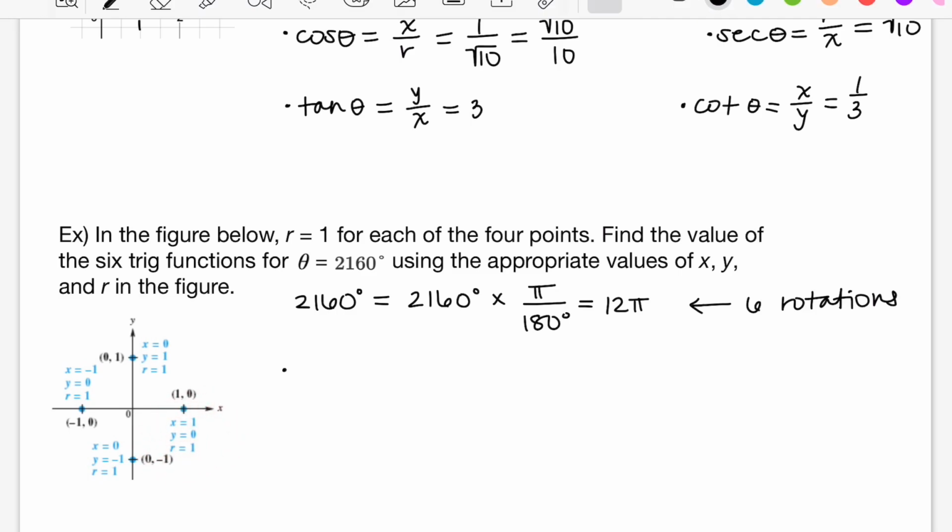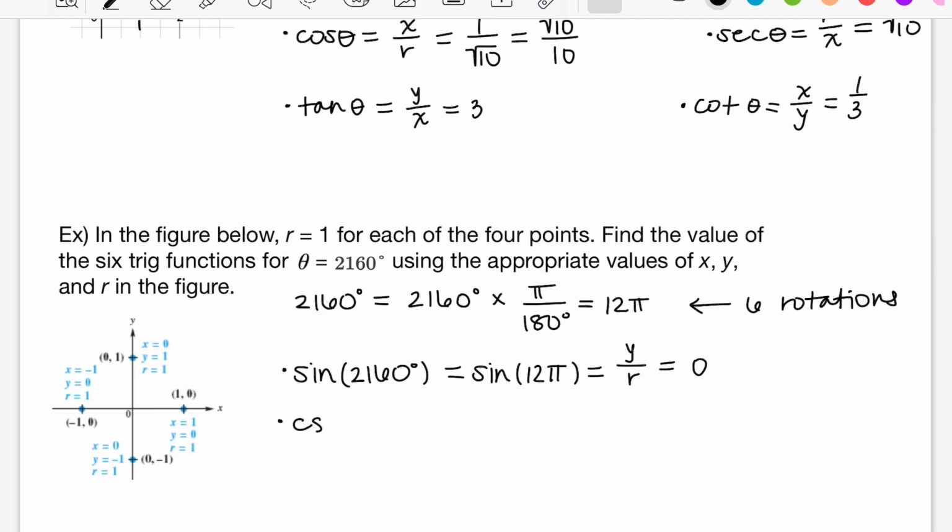So to find sine of this guy, this will just be sine of 12 pi, which is given by y over r when y is equal to 0 and r is equal to 1. So this gives us 0.